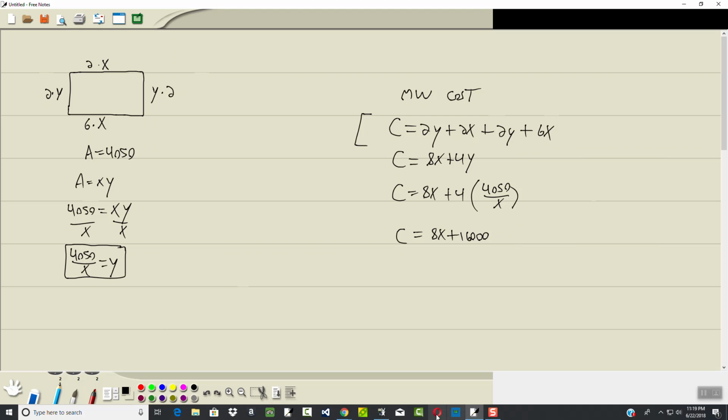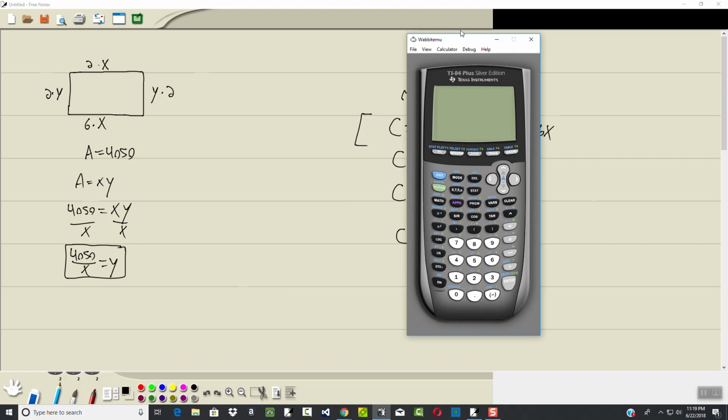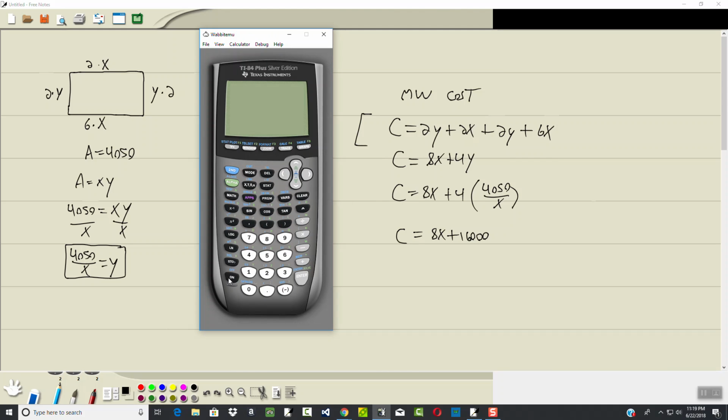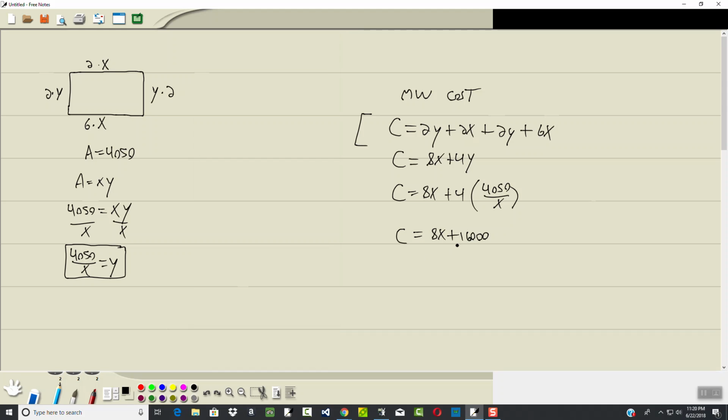Let me see. 4,050 times 4 is 16,200. Good thing I checked. And I'm going to take this x and move it up on top and it becomes x to the negative 1.